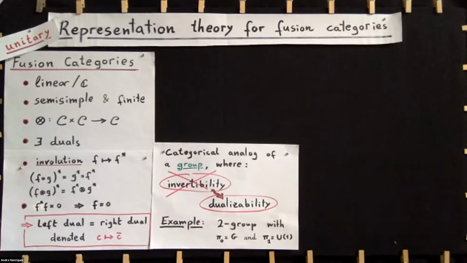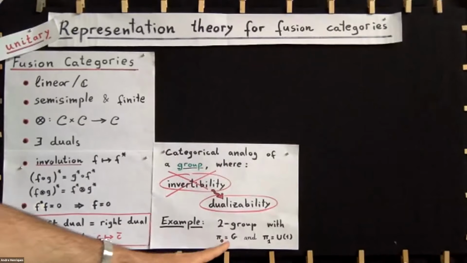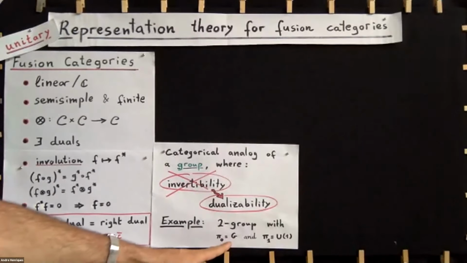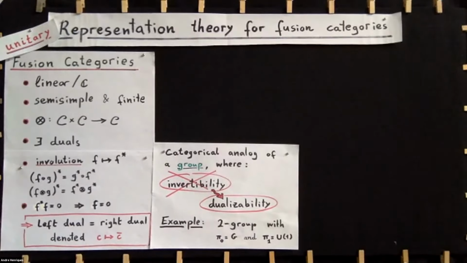If I do ask that every object is invertible, as opposed to merely asking that they're dualizable, then you get a special class of fusion categories, which happen to be in bijective correspondence with two-groups, where there's a group here, which is the set of simple objects up to isomorphism, and U1.